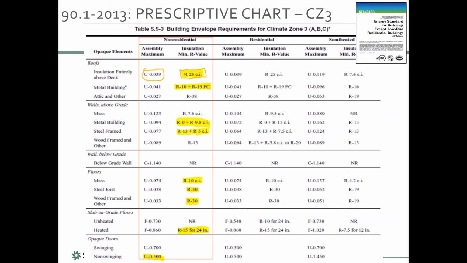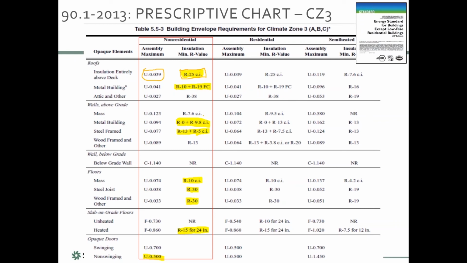And if you can satisfy the left or the right option, you're still considered prescriptive compliance. No trade-off required. So if you can do that for everything, you're done. When it comes to walls, you've got mass walls. Those are usually like tilt-up concrete or block or poured in place concrete, whatever.